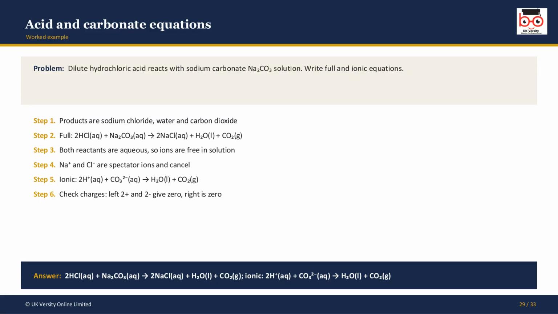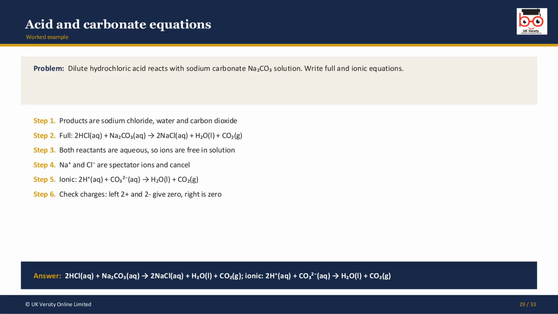Let's finish the equations with dilute hydrochloric acid reacting with sodium carbonate solution. The products are sodium chloride, water, and carbon dioxide, so the full equation is 2 hydrochloric acids plus sodium carbonate, giving 2 sodium chlorides, water, and carbon dioxide.